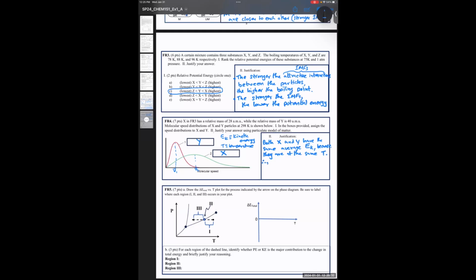Four. I use the three dots to denote therefore. The lighter particles (x) must move faster than the heavier (y) particles.